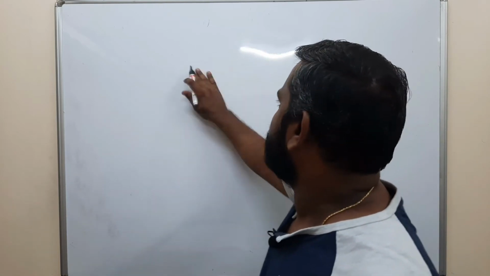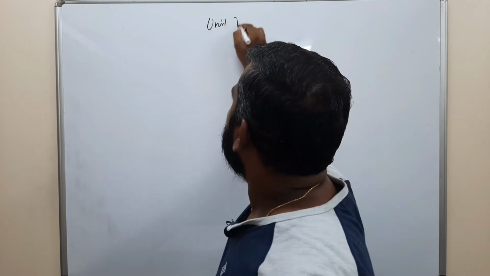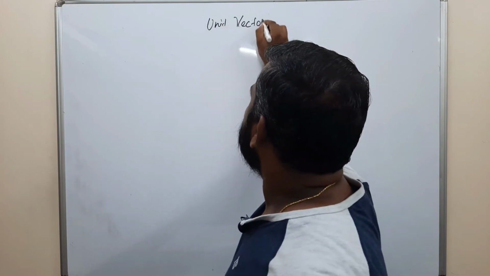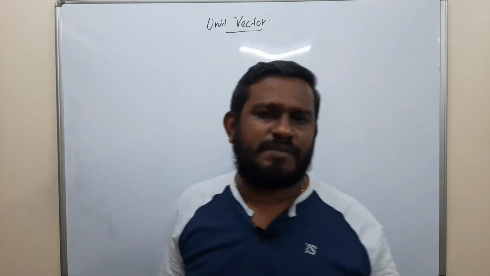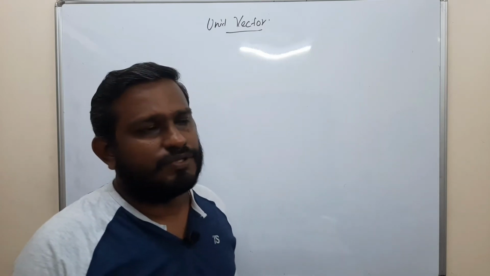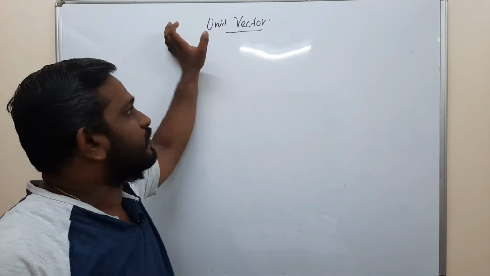So first of all, we start with the unit vector. What is a unit vector? A unit vector is a vector which has the magnitude of unity, which is drawn in the direction of a particular vector.